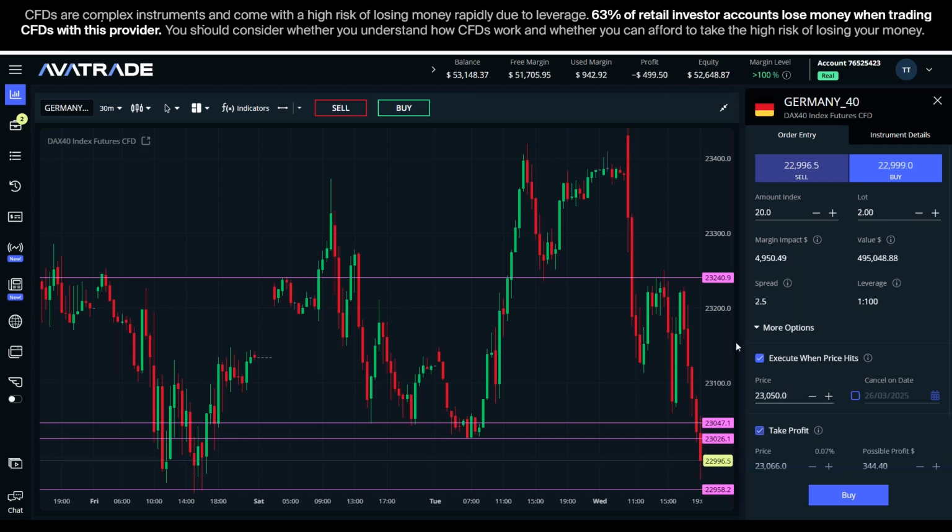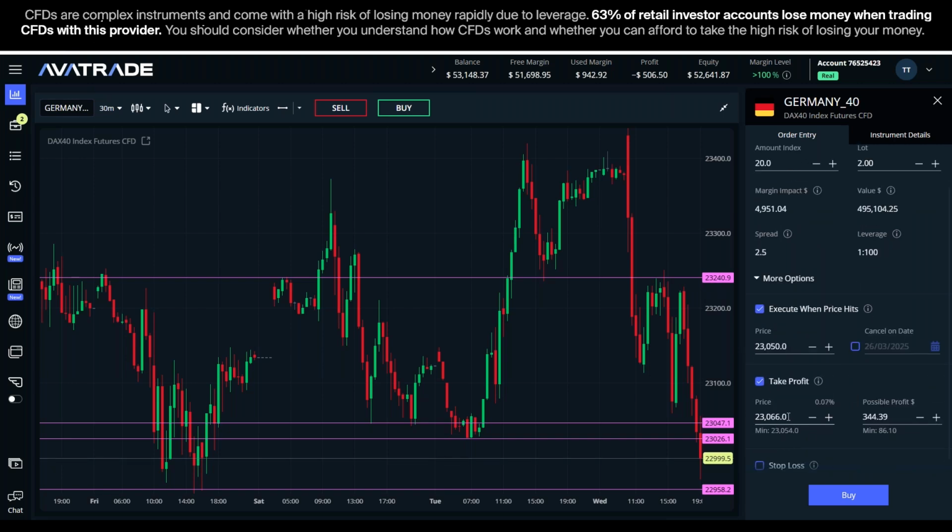So take profit then could be up at this next resistance level, which is 23,240 or so. So take profit 23,240. Okay.